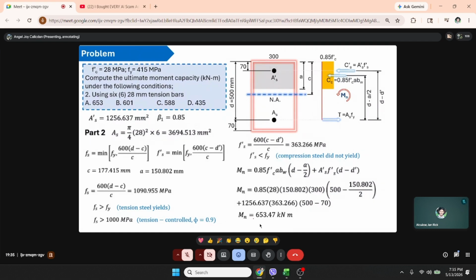So we have Mn is 653.47 kilonewton meter. So multiplied by phi to get the design moment capacity, which is just equal to the ultimate moment capacity, is 588.123 kilonewton meter.